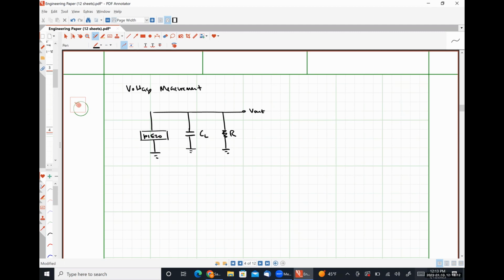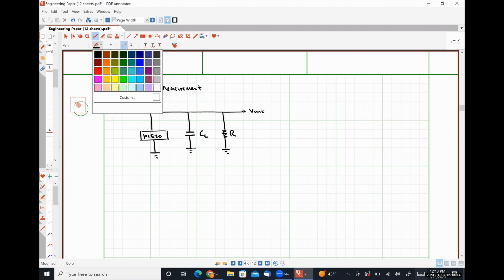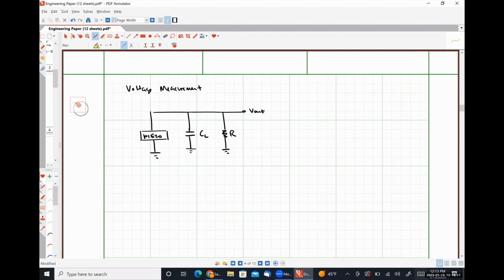Okay. So I have some current I generated by the piezo element here, I_CL, and I_R like so. I can add all of those currents together. So that's going to look like I_AC plus I motional plus I_CL plus I_R is equal to 0.